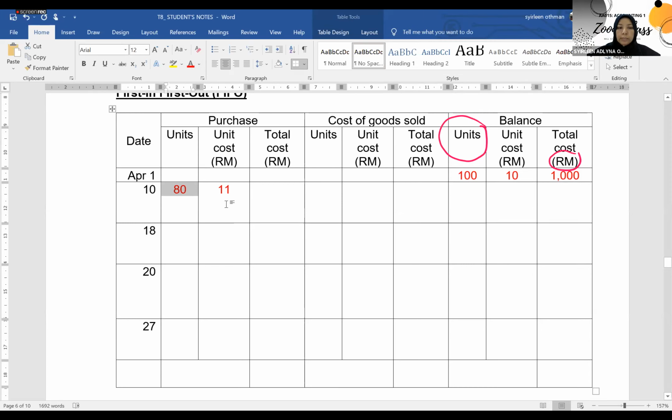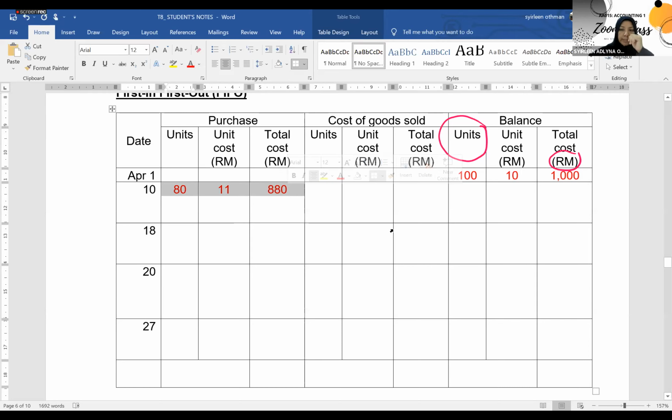Kita beli 80 unit. Okay. Harga RM11. Alright. So your purchase on that day is 880. Awak tak boleh terus campur dengan balance ya. Sebab ini batch pertama, ini batch kedua. You kena faham kita guna FIFO. So you kena susun ikut batch.